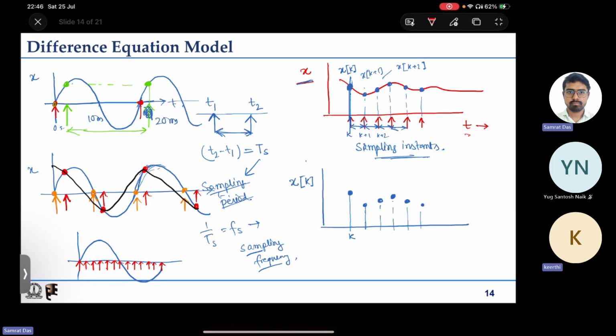So at least we are sampling it 12 times within the sampling period. So what is the discrete representation? Let me use orange color.